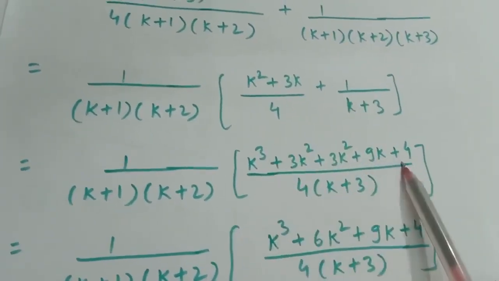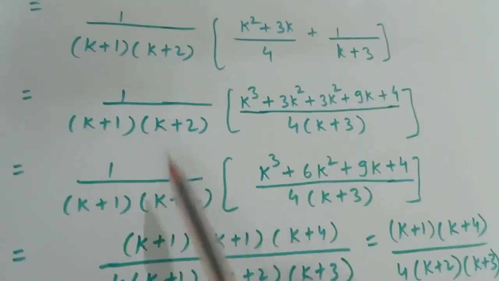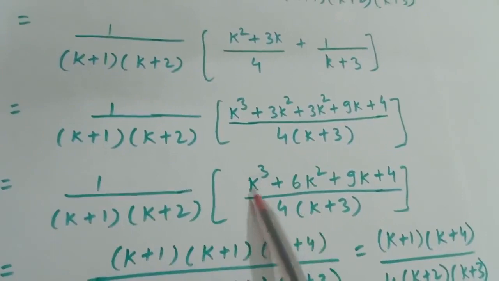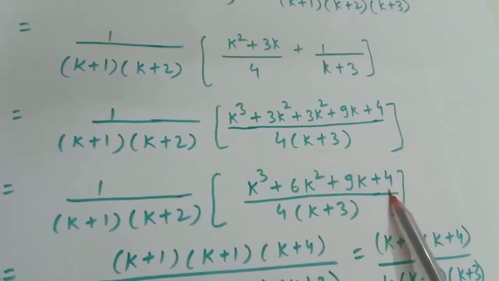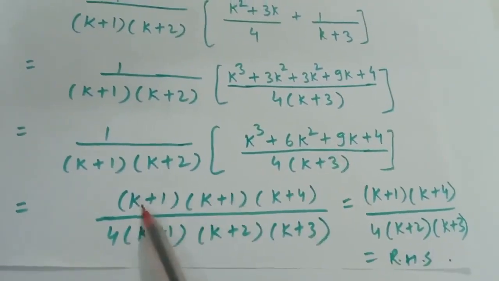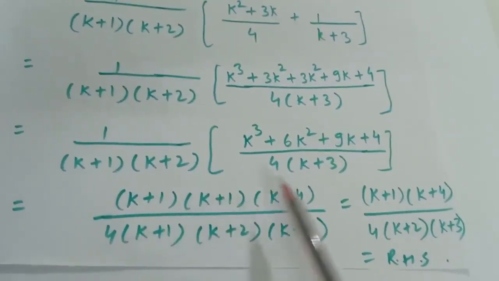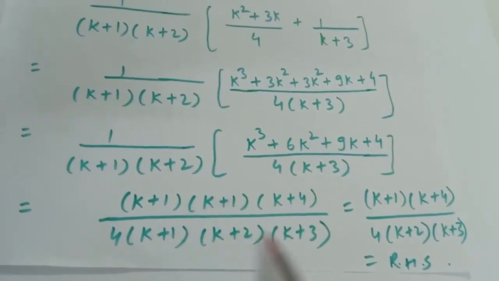So you will get this as the numerator. Now solving the numerator, it will be k cube plus 6k square plus 9k plus 4, which when you factorize, you will get (k plus 1) into (k plus 1) into (k plus 4) upon the denominator.